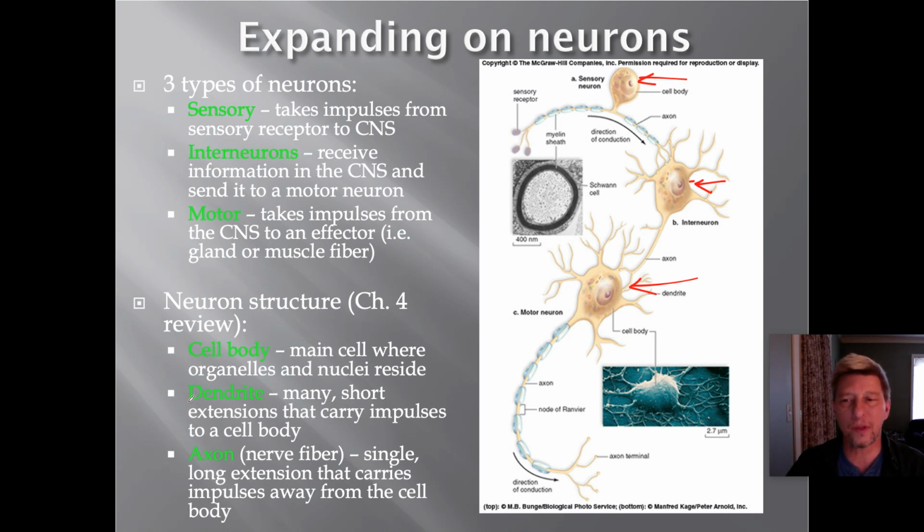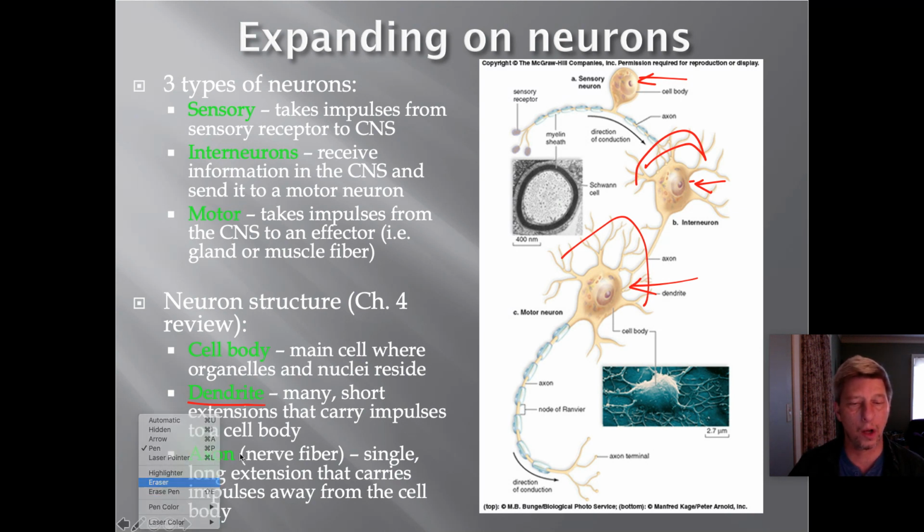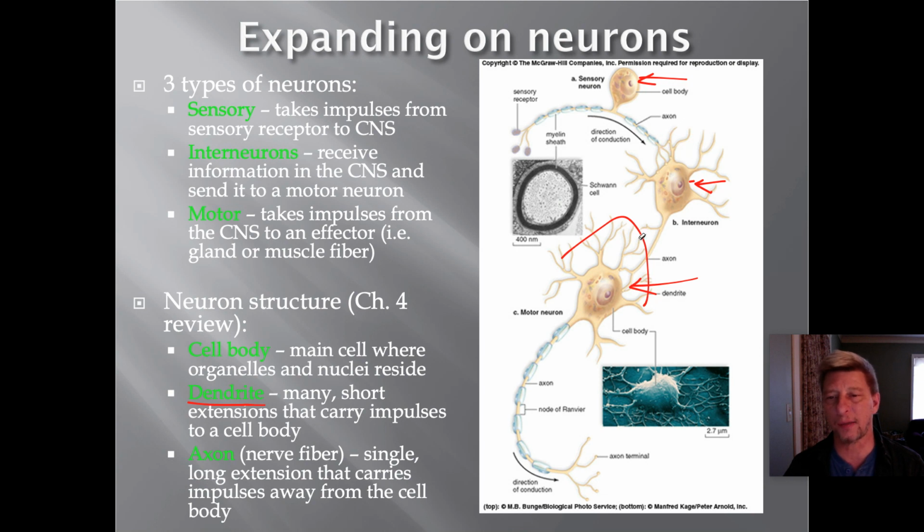But each of the three cells receives signals through a dendrite. The dendrites for the sensory neurons are the receptors. The dendrites for the other two are these hairy-looking things on the outside, okay? And then finally, they all send messages through a long piece called the axon.